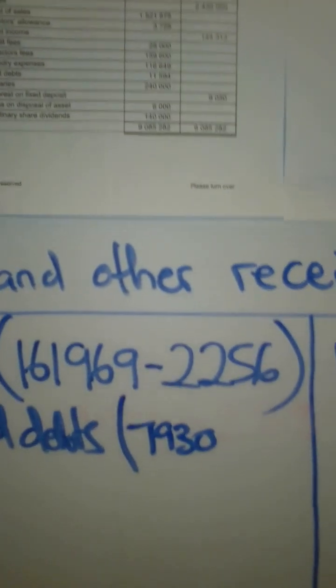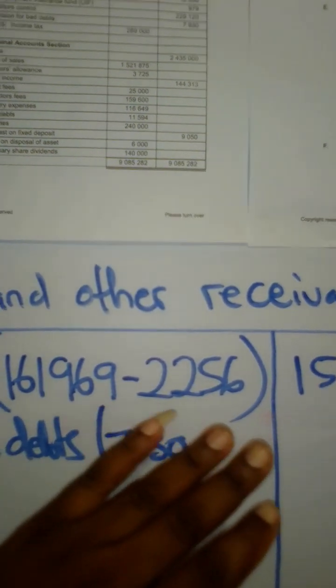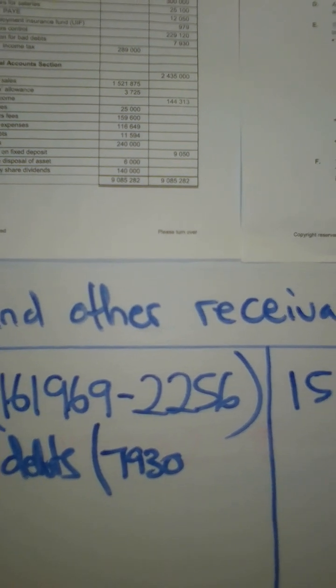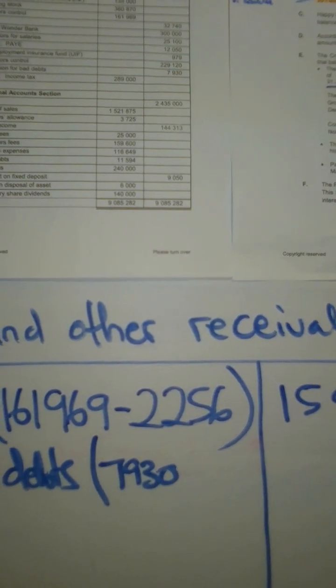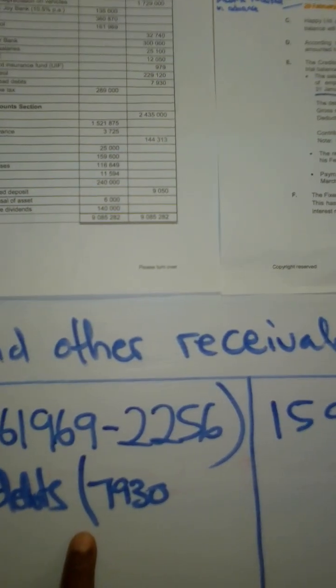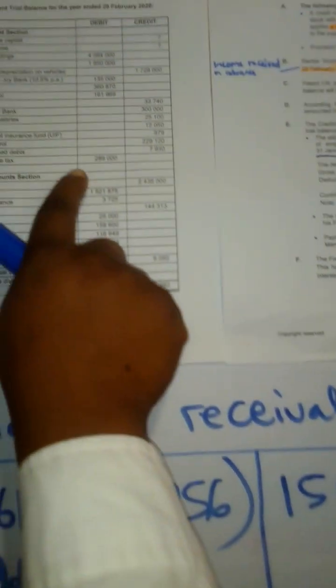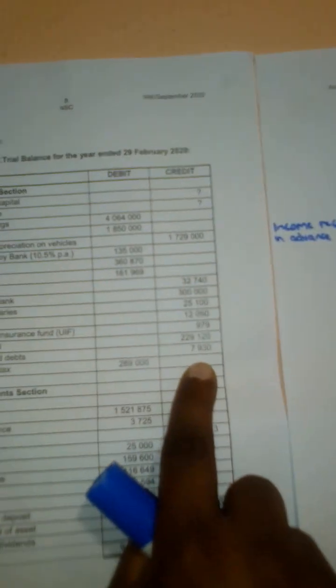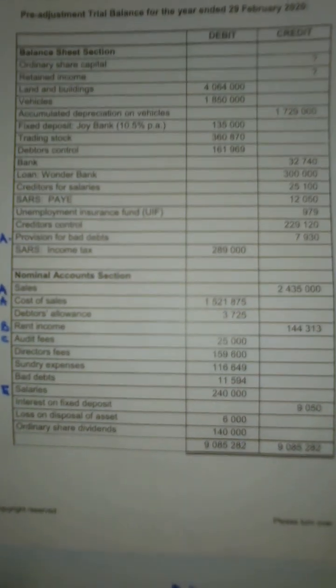But which one do we actually record in the trade and other receivables? I want you to listen to me closely. When we are looking at the note for trade and other receivables, and we are looking at provision for bad debts, there is an amount for provision for bad debts that is shown here. And there's usually another one that will be given on the adjustment.